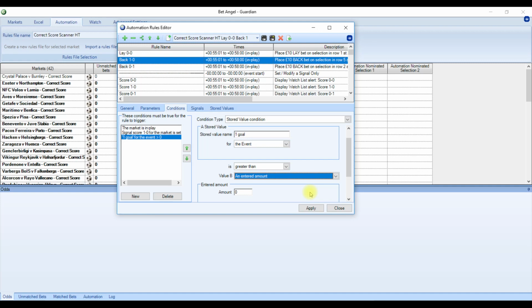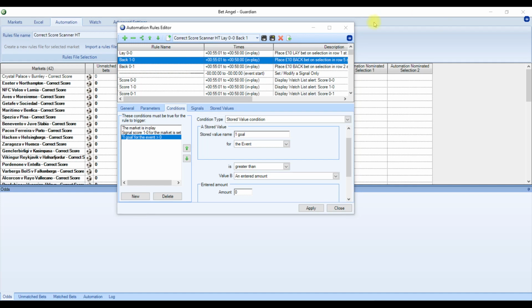So if the stored value named 1 goal is greater than 0, 0 being the current state where nothing has happened, it will then be given a value of 1. We then know on the receiving markets that that's a green light to place your bet.